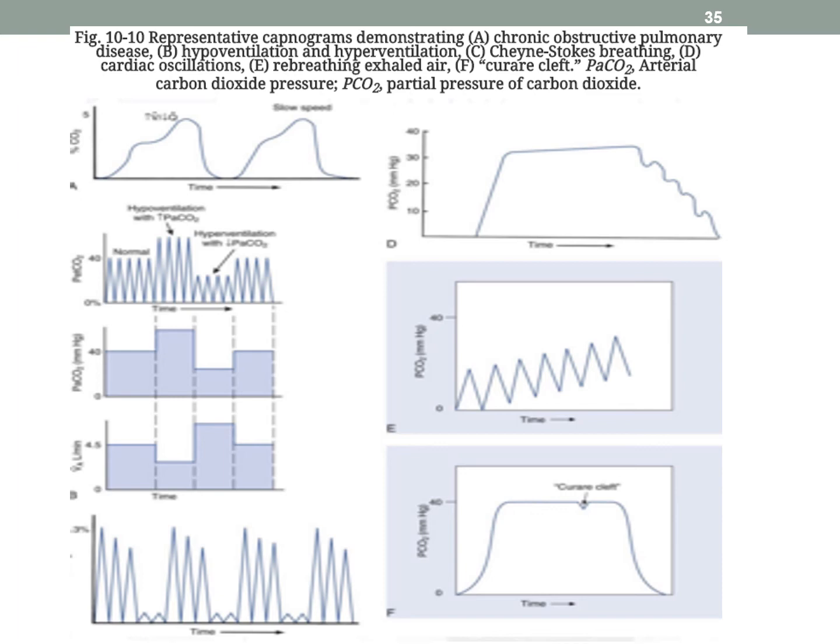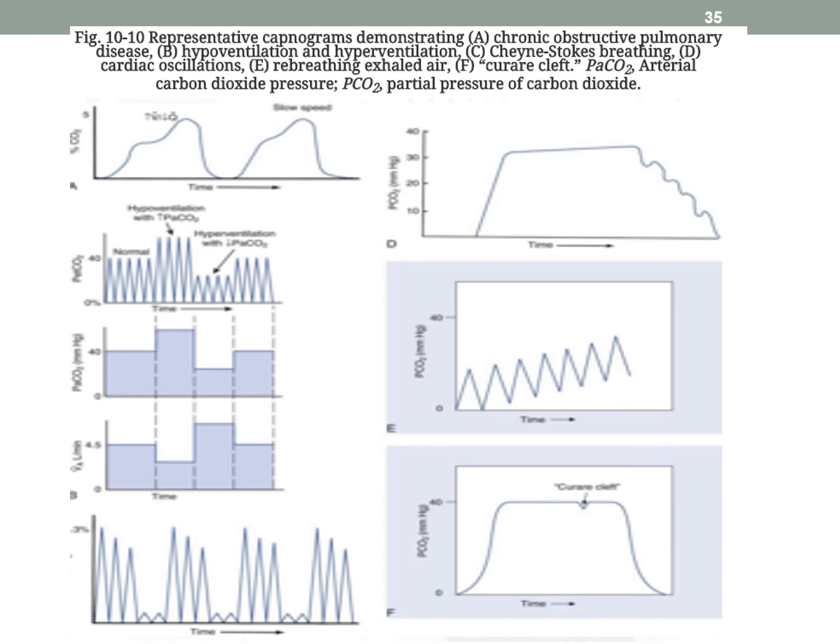So again, A is COPD, where you have that increased physiologic dead space, so your end tidal is going up. Example B is alternating between normal and then hypoventilation, and these are in your textbook too, so you can get a better picture and hopefully read it better.